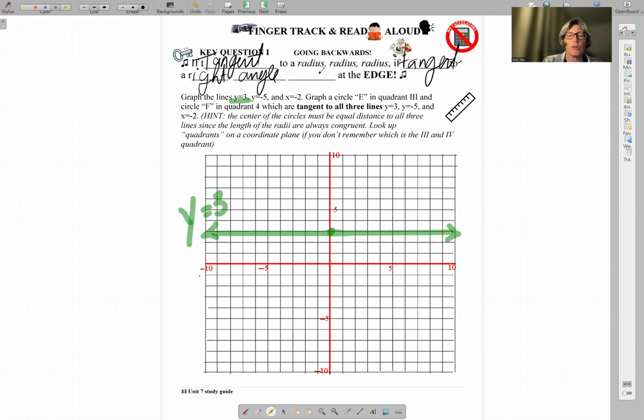And then we have y equals -5, which is down here. And then we have x equals -2, which is a vertical line.